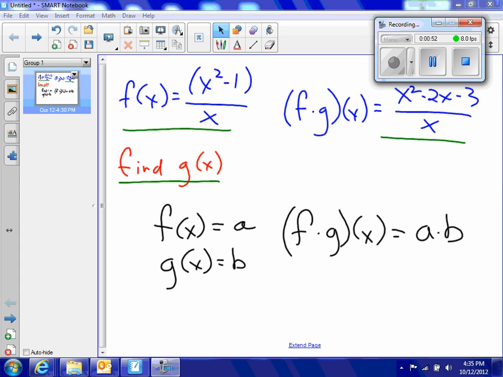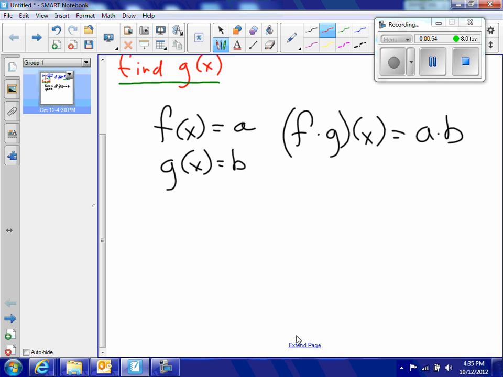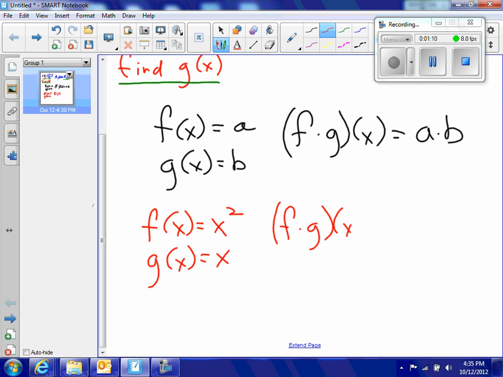Or if I'm going to look at it a slightly different way, if I had f of x equals x squared and g of x equals x, f times g of x would equal x squared times x, which is equal to x cubed.